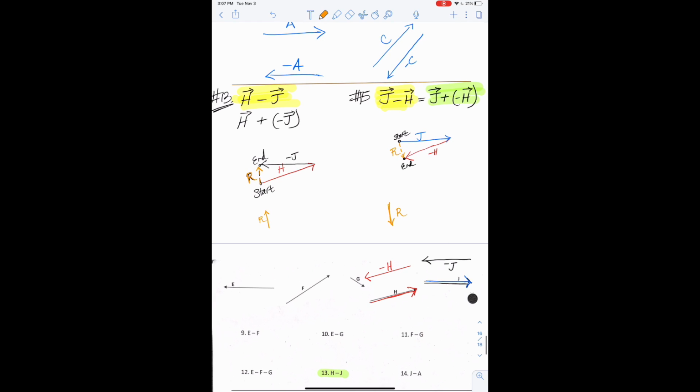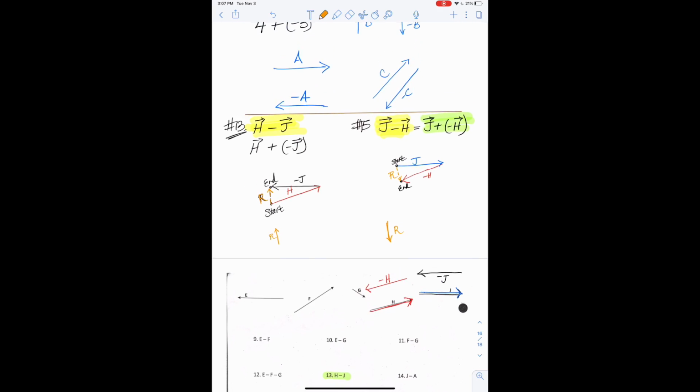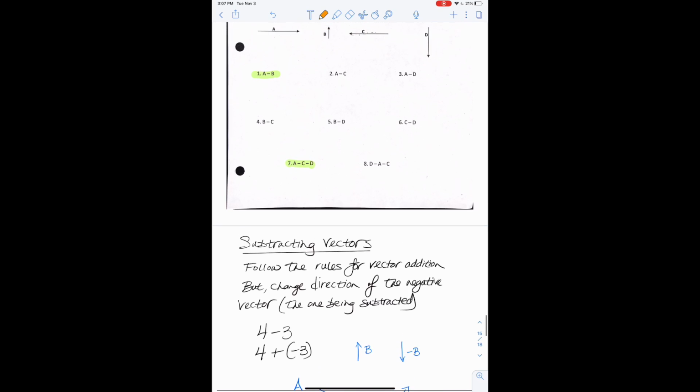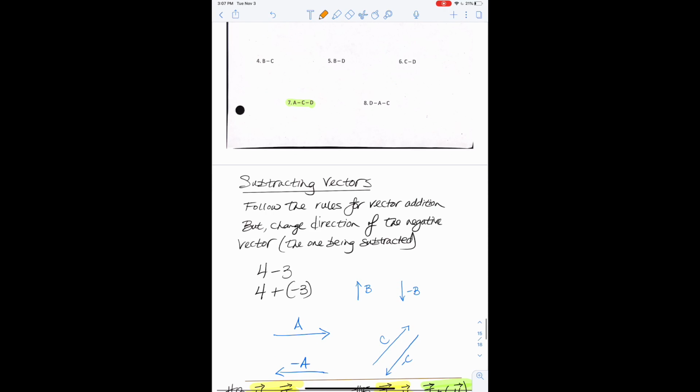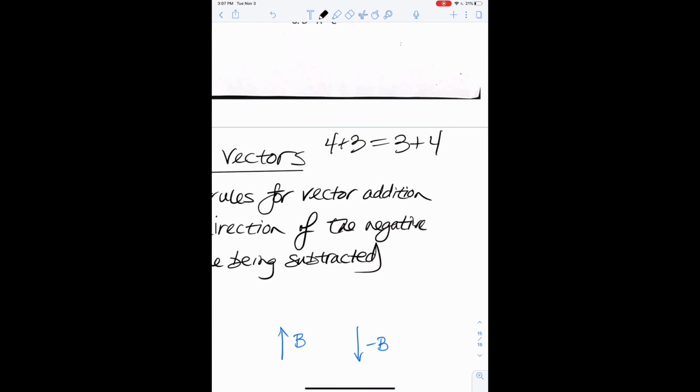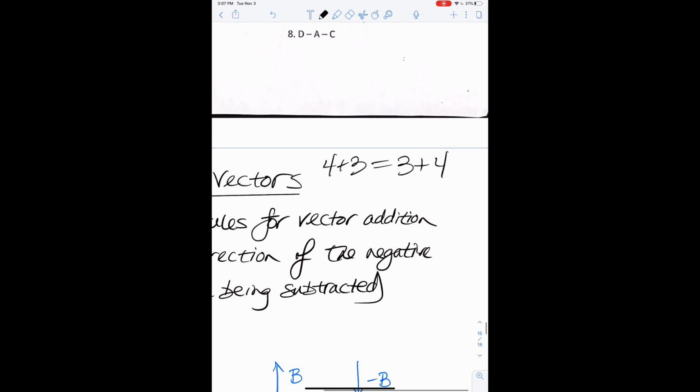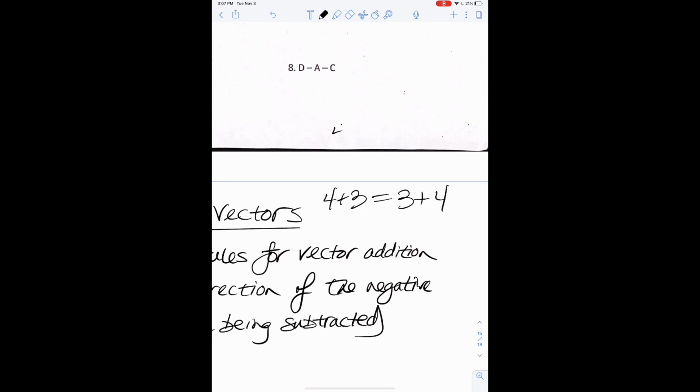So it's very similar to adding and subtracting numbers, right? We say when we add that order doesn't matter. You can say 4 plus 3 is equal to 3 plus 4. And it's also similar to subtraction, because 4 minus 3, which is equal to 1, does not equal 3 minus 4.